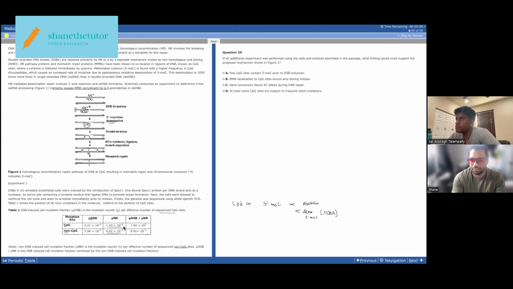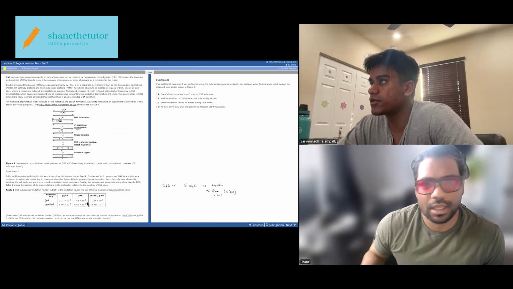That would be harder, right? Because if you have only a few of these, you wouldn't be able to get this whole process to happen, because you want some mutations to be there, or maybe more. So not sure about A.